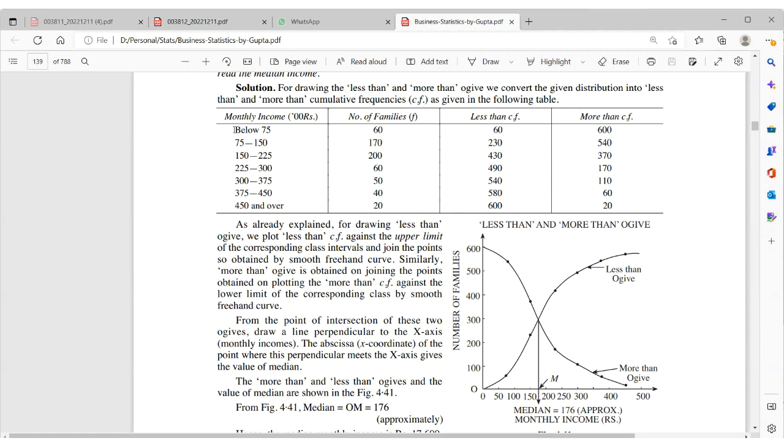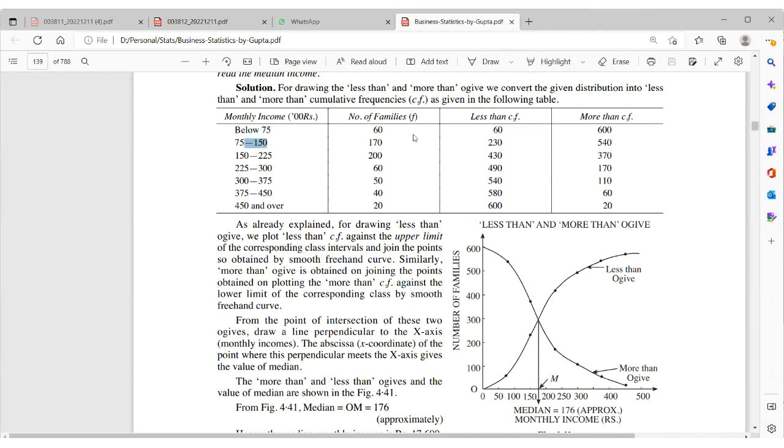So, less than 0 is 0. We start from this 0. The first point is 0, right? Second, less than 75. How many families are less than 75? 60. At 75, we make a point at 60.